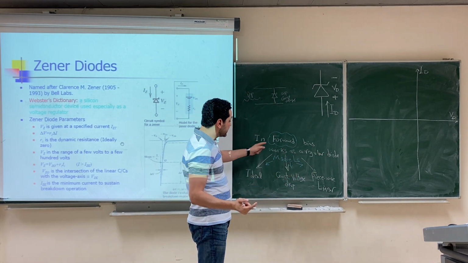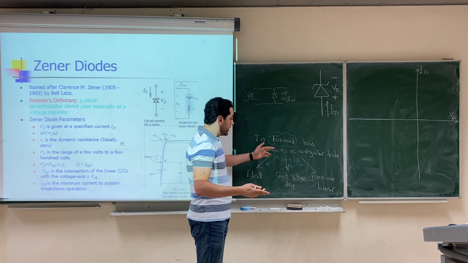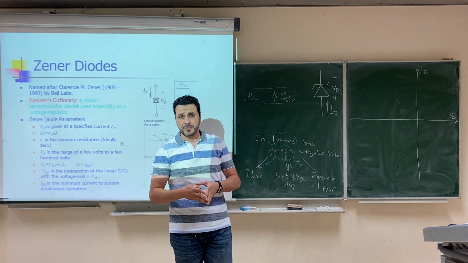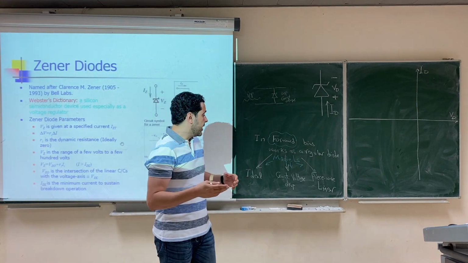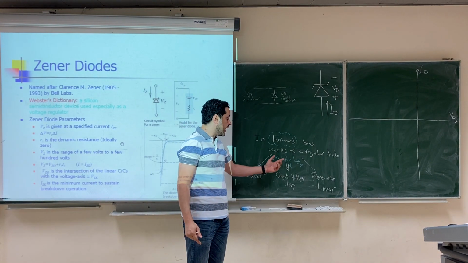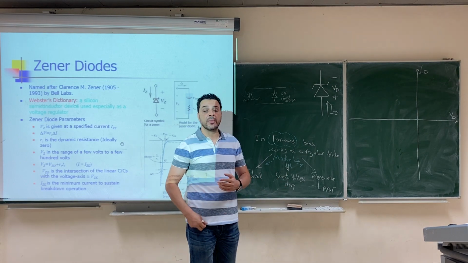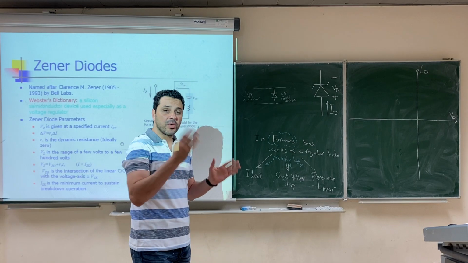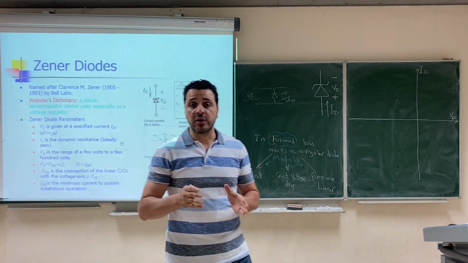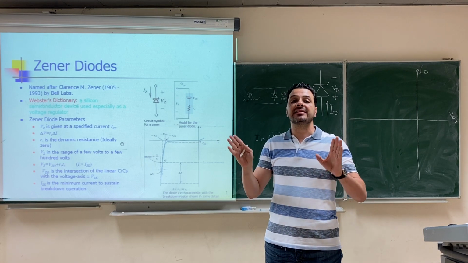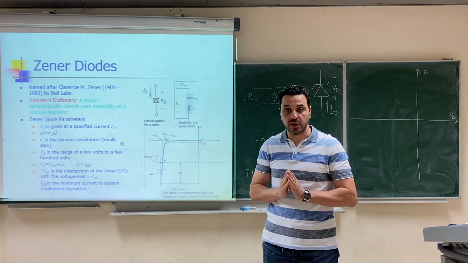So we can model it in the forward bias region using one of the three models that we learned about the normal diode, which is the ideal diode, or the constant voltage drop model, or the piecewise linear model. So in the forward direction, the Zener diode works exactly as the regular diode.